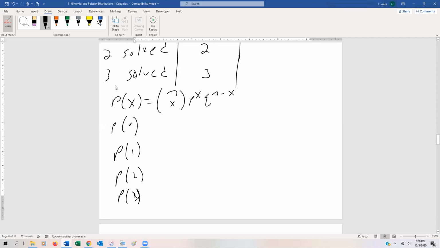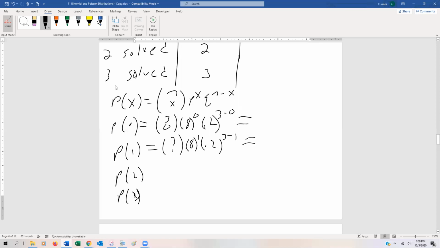All right. So we know P of 0 is going to be 3 combination 0, 0.8 to the 0, 0.2 to the 3 minus 0. All right. And we're just going to do these all. And you can see that, okay, well, that's going to be 0.8 to the first, and 0.2 to the 3 minus 1.